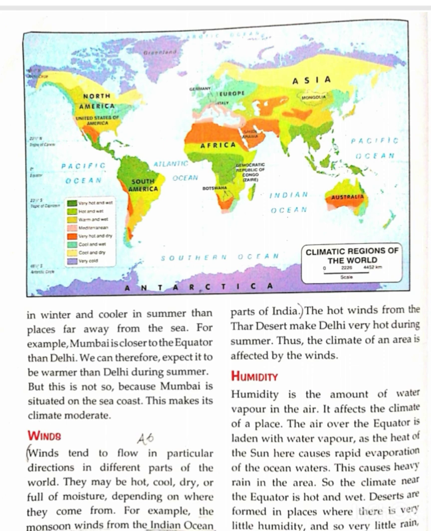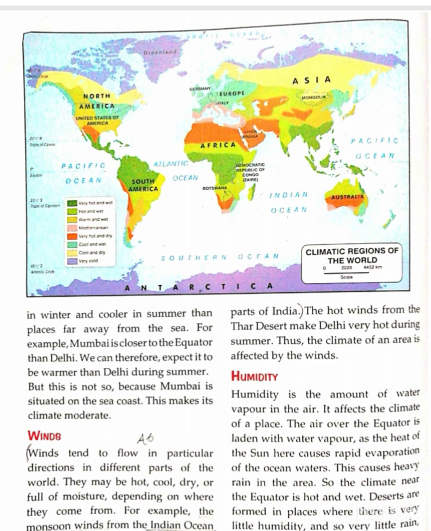Evaporation starts there, and when evaporation starts, water vapor mixes in the air. So humidity will increase, and when humidity increases, it starts raining.